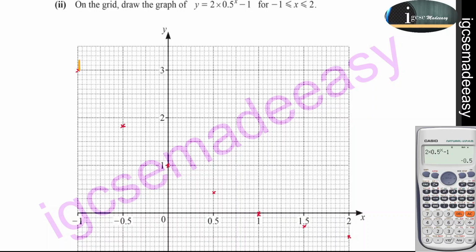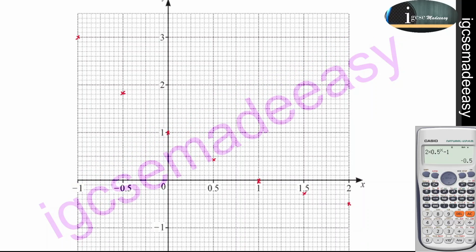Just give me a second. I have to fix this. Then let me try this. Right. Let me draw like this. Wait, some software error.